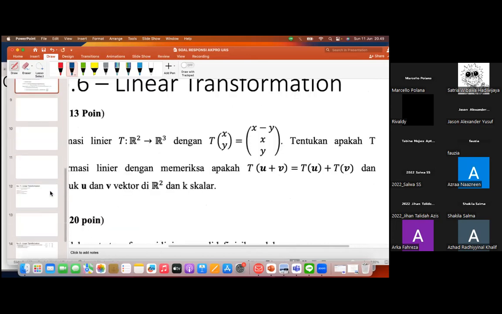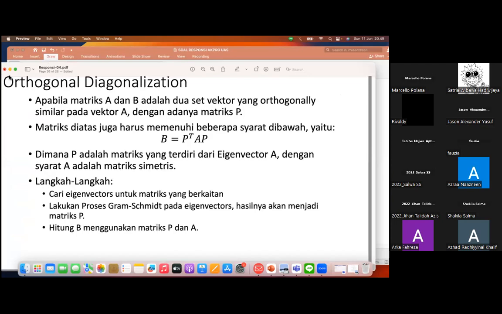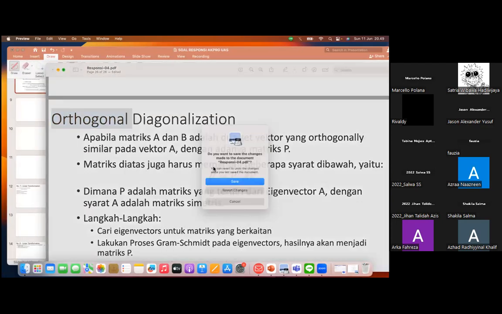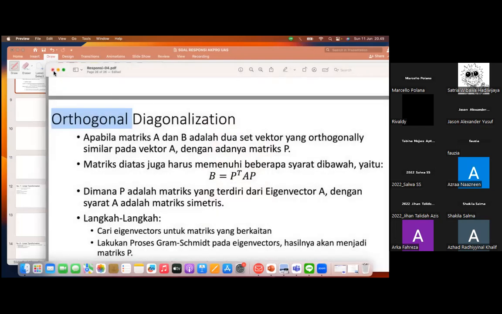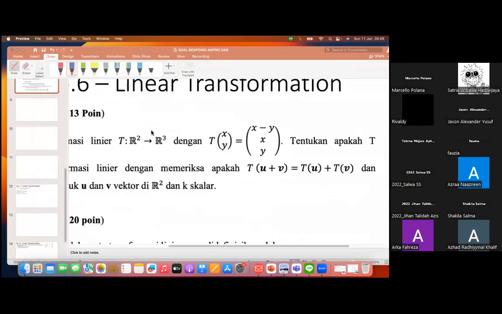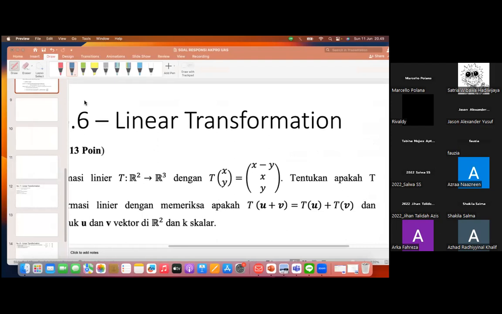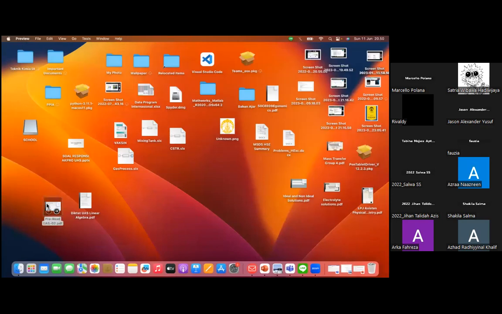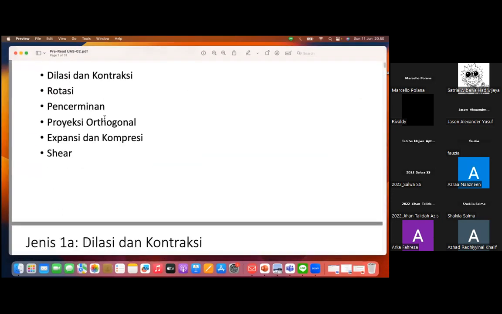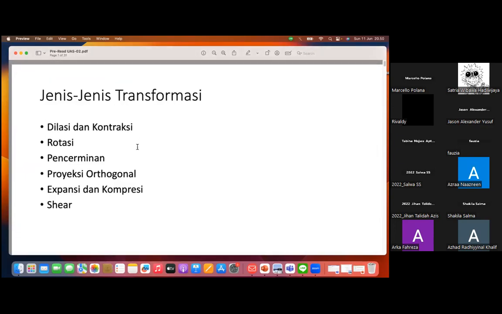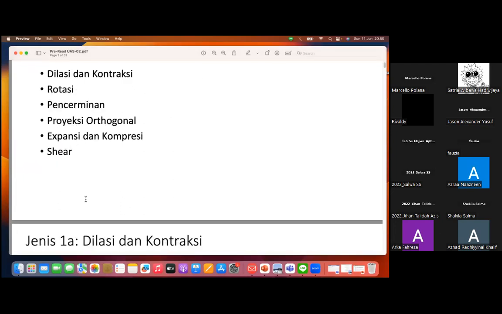Okay. Now we move on to the linear transformation. For the linear transformation, the first part is basic transformation, where you have 6 types of transformation.